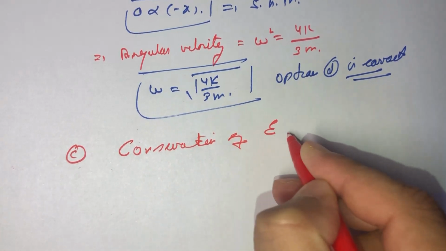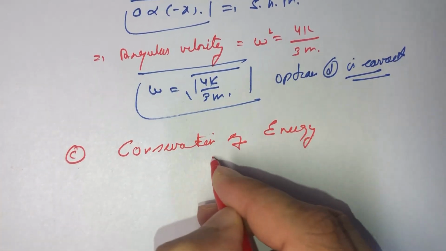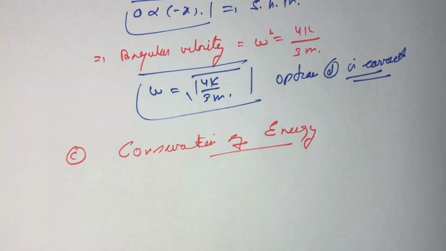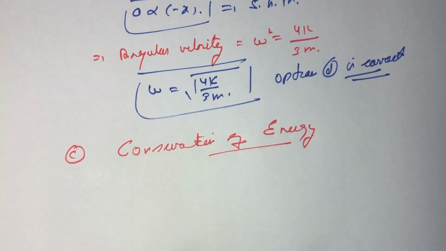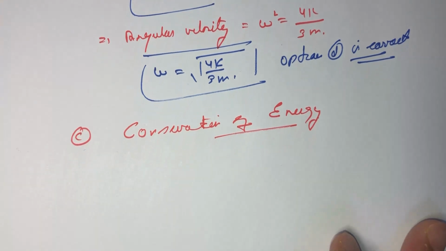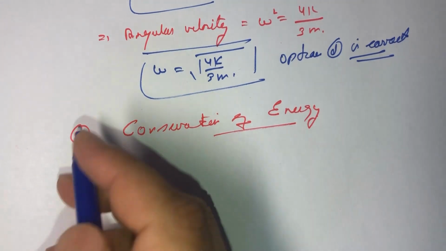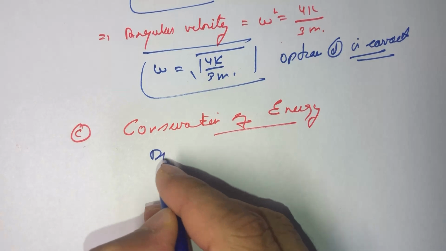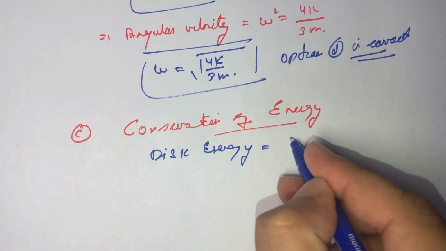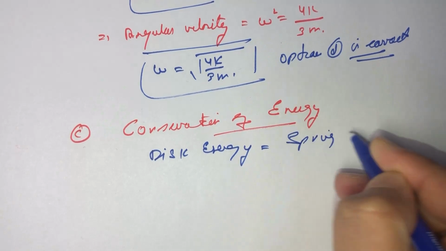It means the disk is going to have two energies, one rotational and another translational, and their sum will be equal to the energy of the spring. So the disk energy will be equal to the spring energy.